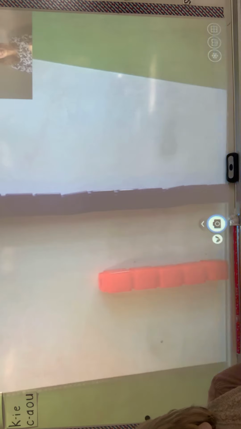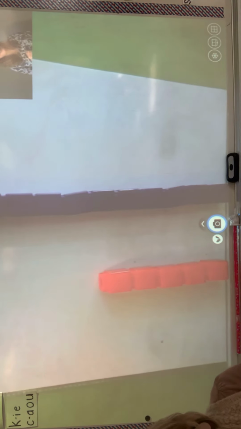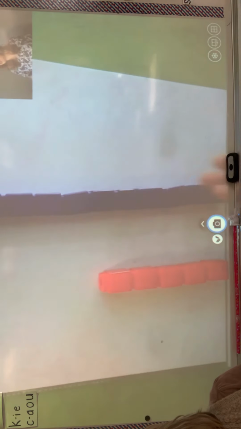I heard many of you say that the two sets of cubes are not the same. Think, think, think. How do we know that they're not the same? Let's look at my blue and my red cubes. We can tell that they're not the same just by looking at them. We can see that the blue set of cubes is taller than the red set of cubes, and the red set of cubes is shorter than the blue set of cubes.